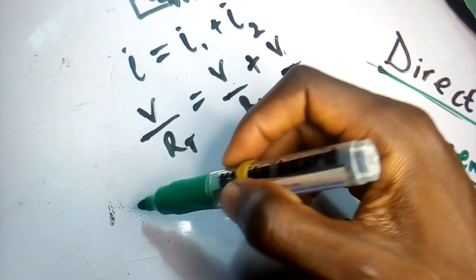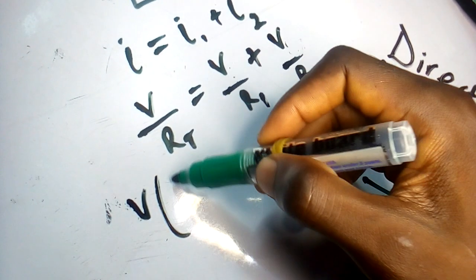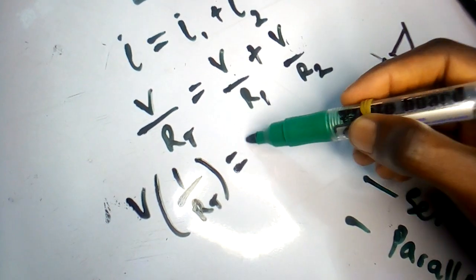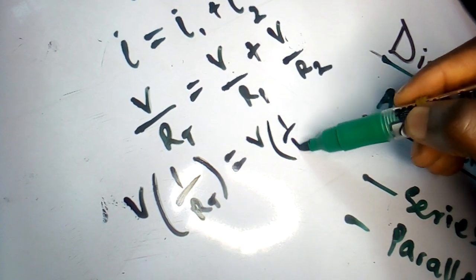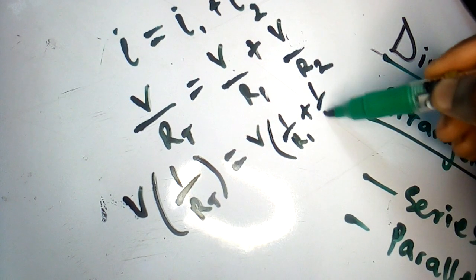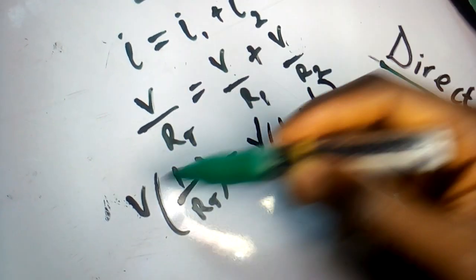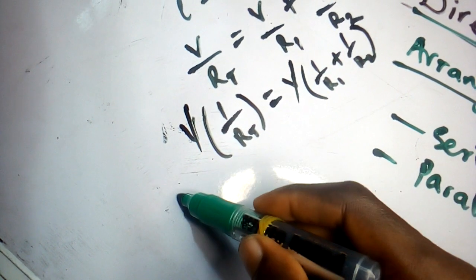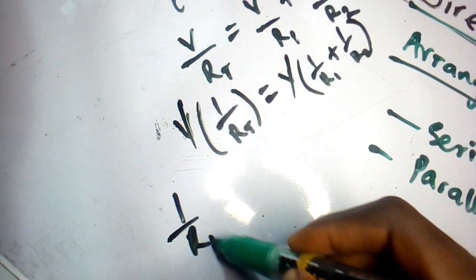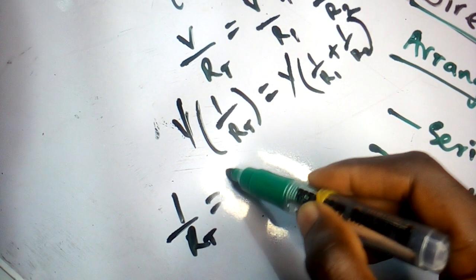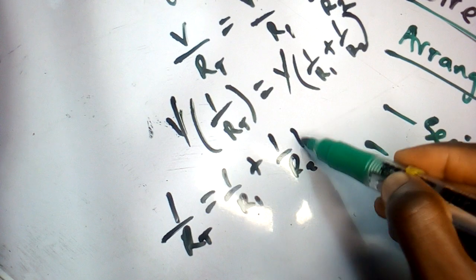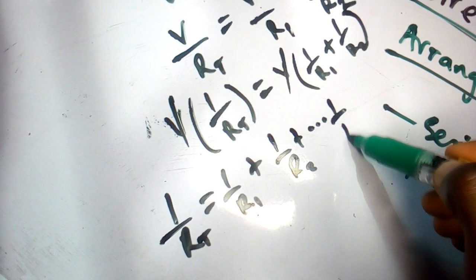So V over R total equals V into bracket 1 over R1 plus 1 over R2. The total resistance in that circuit is 1 over R total equals 1 over R1 plus 1 over R2 plus 1 over Rn.